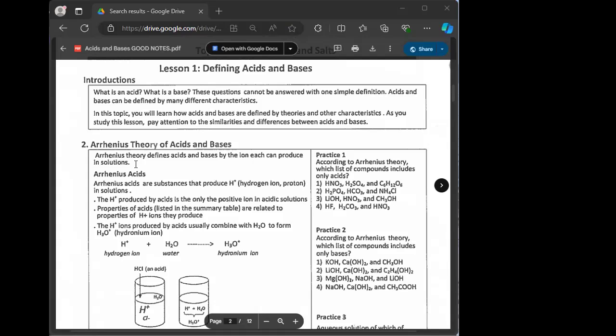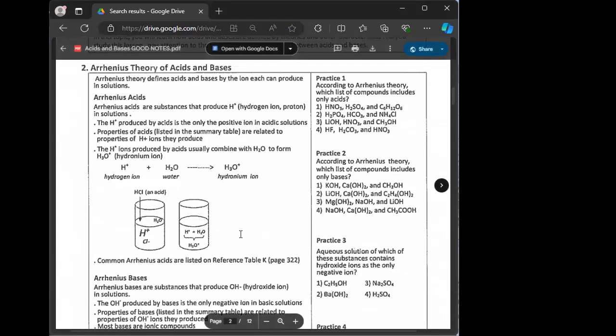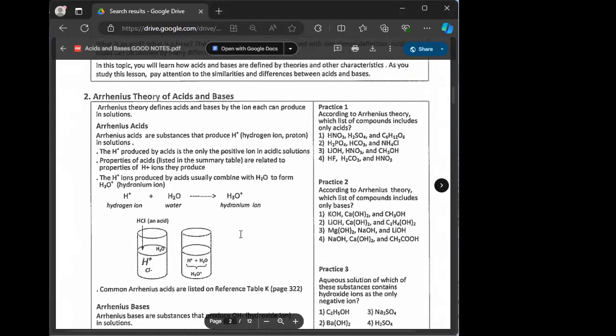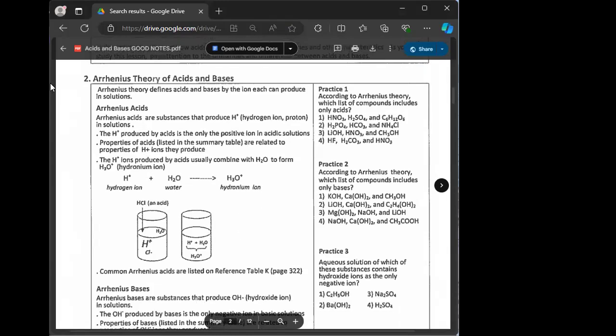Okay, now let's take a look at Arrhenius' theory of acids and bases. Sometimes scientists define acids and bases differently. So, for example, Arrhenius defined acids as substances that produce hydrogen ions when they dissolve in water.